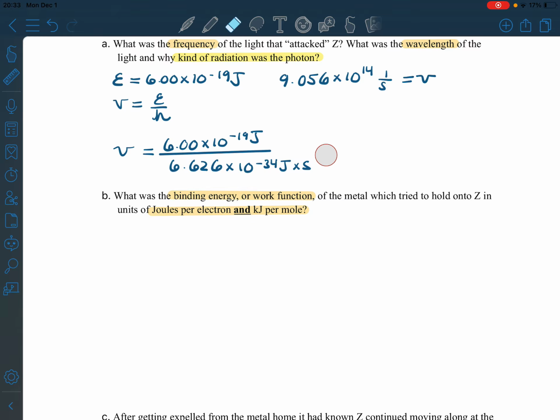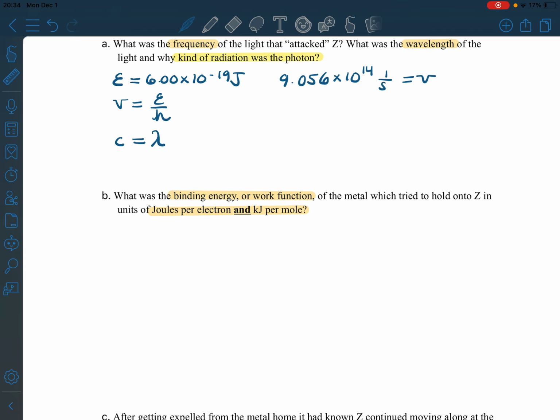Cool, so now that I have that value, I can use my other equation, the speed of light constant, c, equals the wavelength times frequency. I'll divide by frequency, which gives me wavelength.